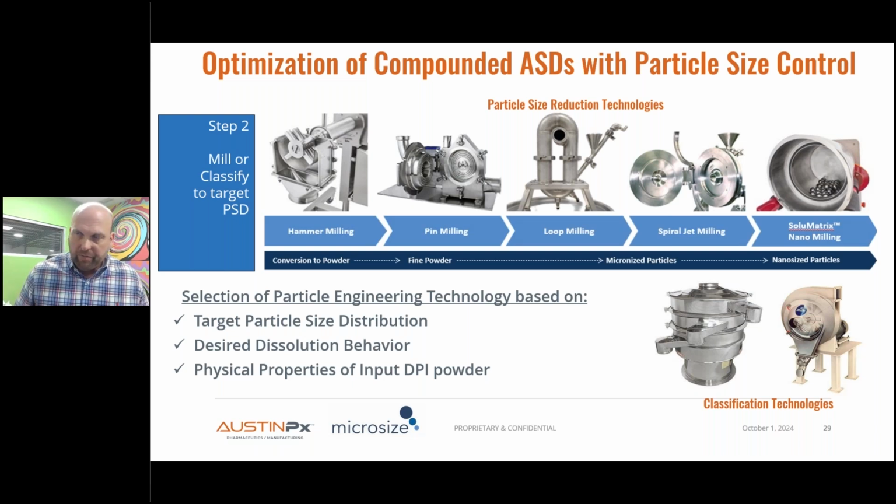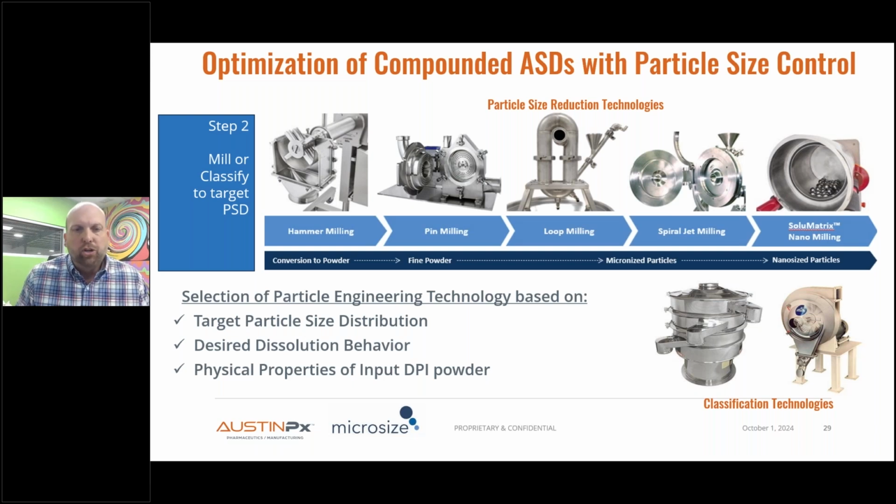Microsize has a range of very deep technologies in particle size reduction. So every milling technology that you could think of, either mechanical milling or air jet milling or fluid bed milling, is available. So hammer milling to get you into a finer powder than the delumper, pin milling to start to move to a more homogeneous shear environment and particle size distribution curve.